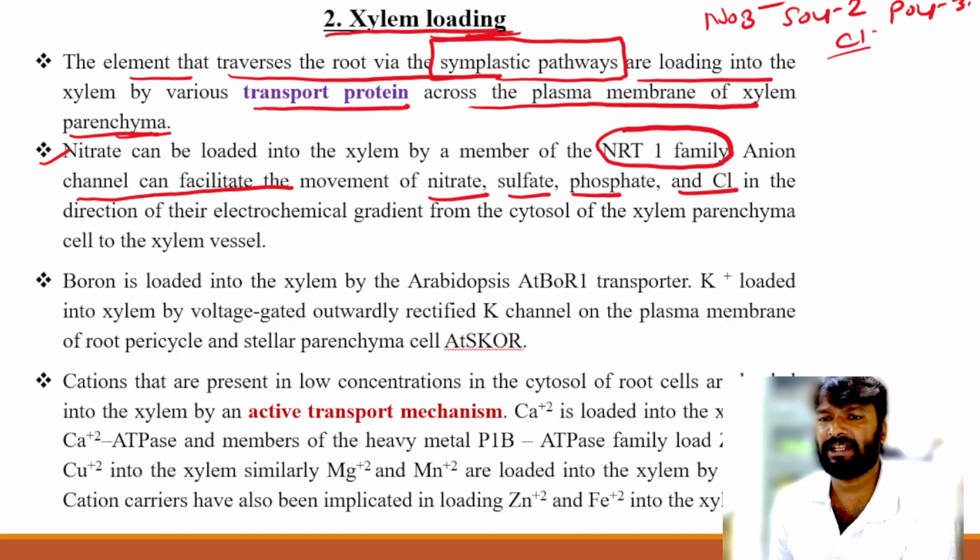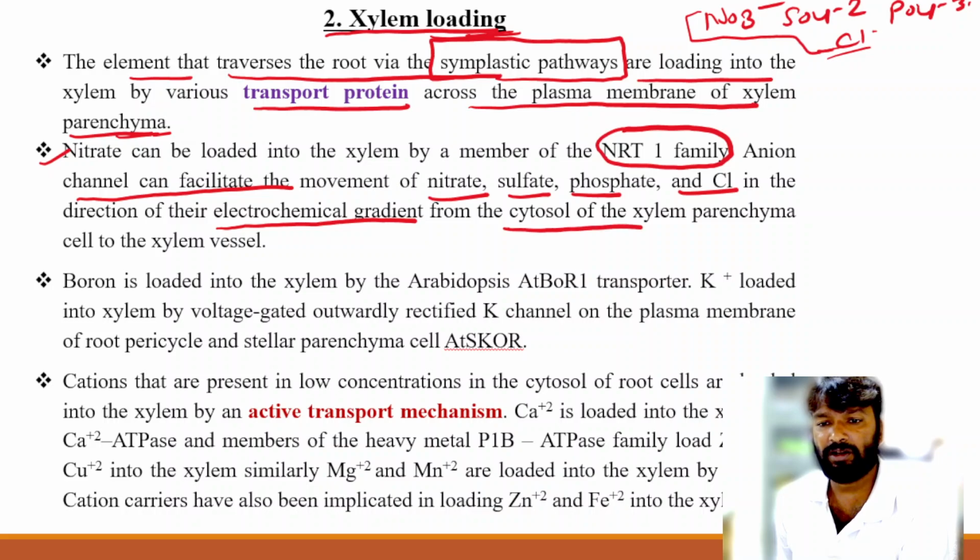Okay, so these are the major anion species and can be transported by the anion channels in the direction of their electrochemical gradient from the cytosol of the xylem parenchyma cell to the xylem vessels. Okay, so movement by the difference in the electrochemical gradient means high to low.